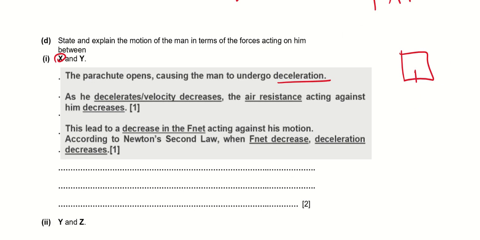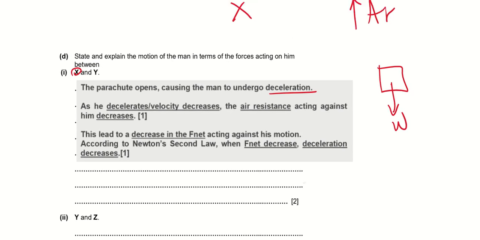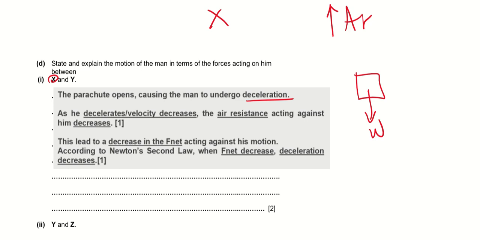Now the weight of the man will more or less be constant, right? Because his mass is the same. But the air resistance now increases. It must be more than the weight, right? That is the purpose of the parachute. The parachute is to open up and increase the surface area in contact with the air so that I can increase the air resistance.